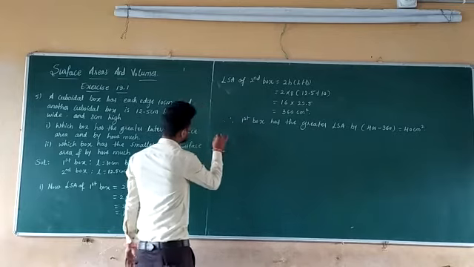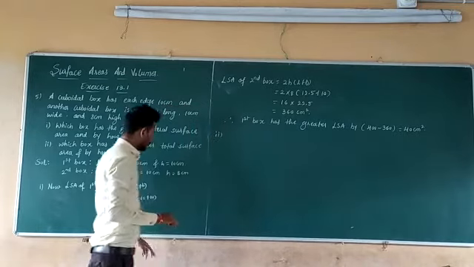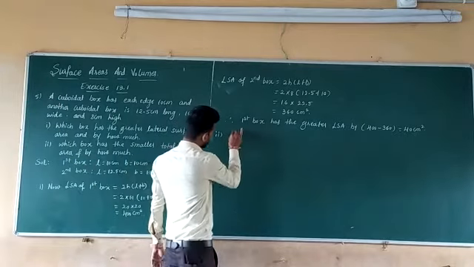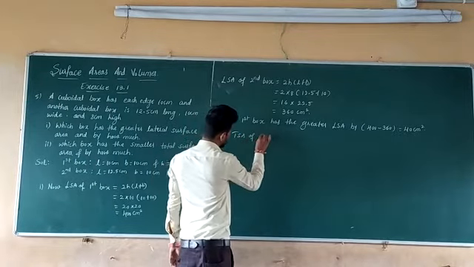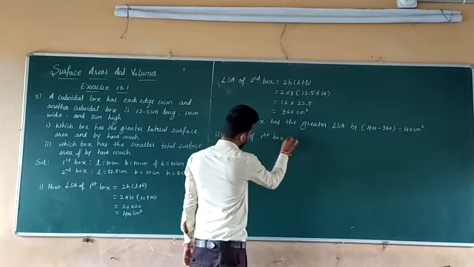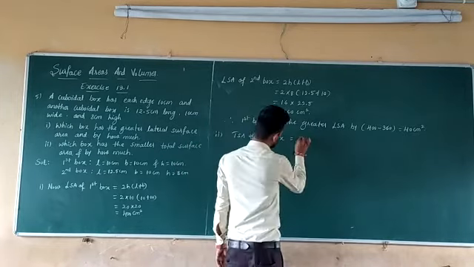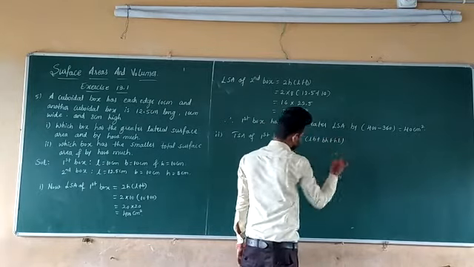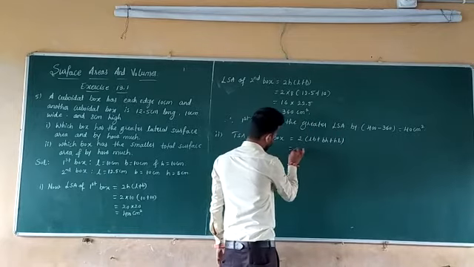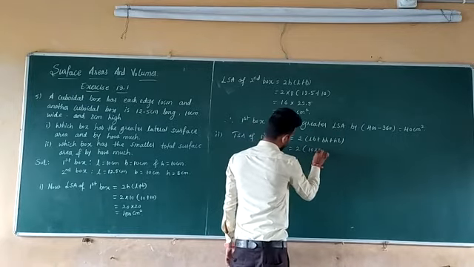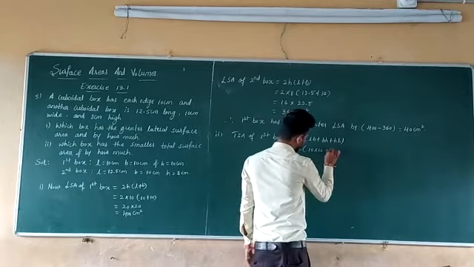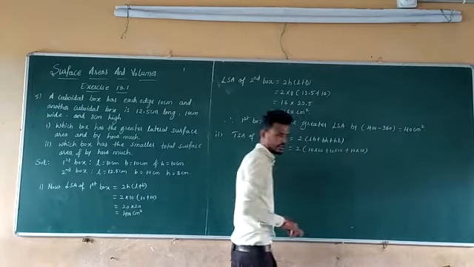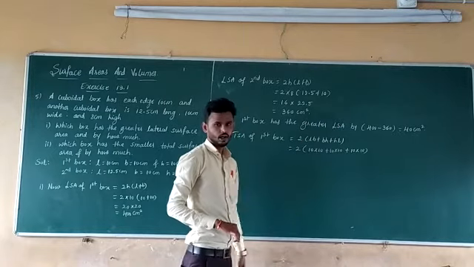Now second question. We need to find TSA of both the boxes. So TSA of first box is equal to, what is the formula? 2 into bracket LB plus BH plus HL. Okay, L, B, H are all 10, because for the first box all are the same, only 10.